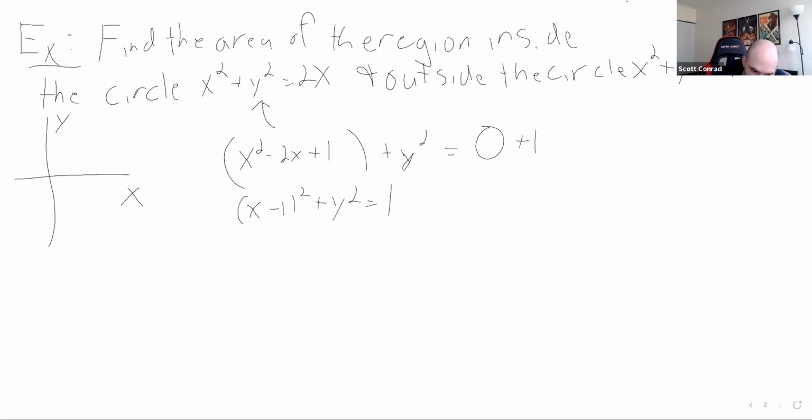It's 1, 0. And the radius is the square root of the right-hand side, which is 1. So that's a circle centered at 1, 0 of radius 1.